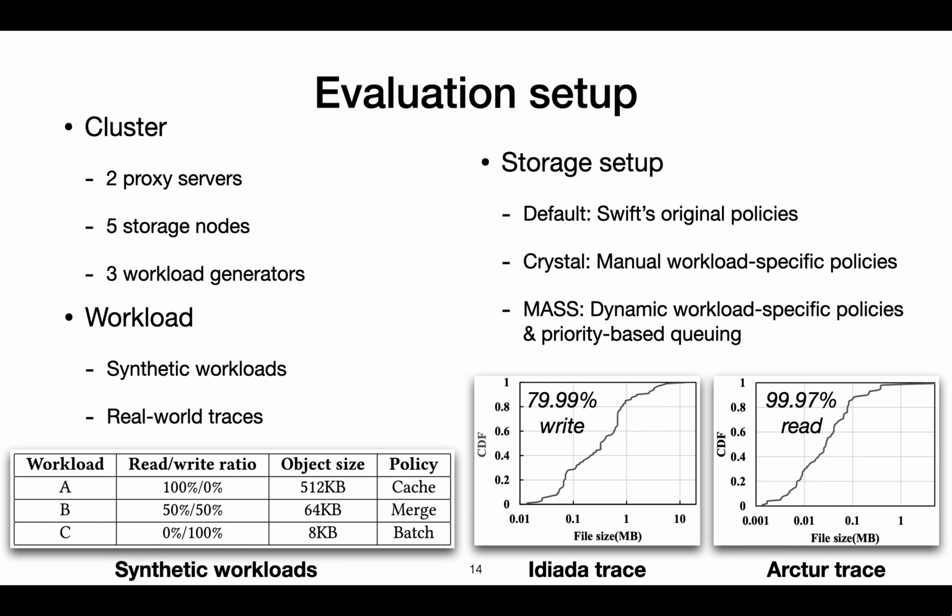We resort to synthetic workloads and replay of real traces, as shown in the table and figure below. There are 2 storage configurations for comparison. One is default, which relies on the existing policies of Swift, and the other is Crystal, where workload-specific policies are provided manually but cannot be dynamically adjusted.